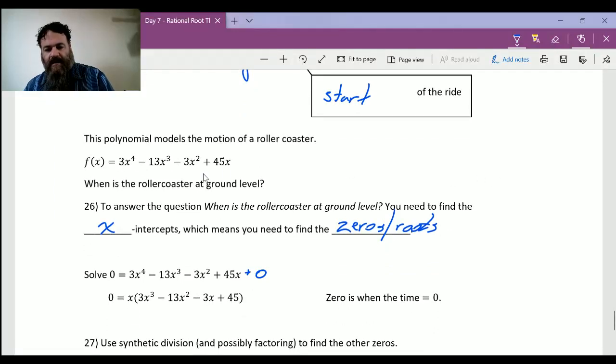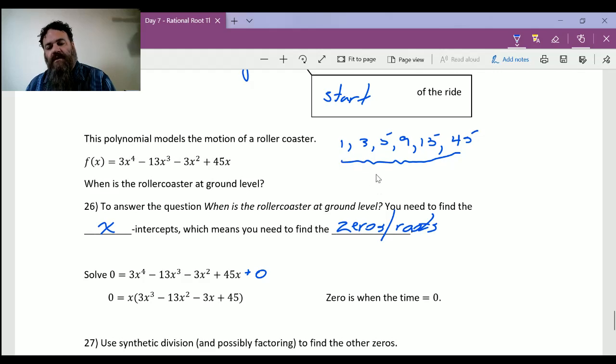Well, knowing the possible rational roots, let's see, 45, that's 1, 3, 5, 9, 15, and then finally 45. So you would have to try all those numbers on top of 1 and 3. Okay, keep in mind we have plus or minus for every single one of these.